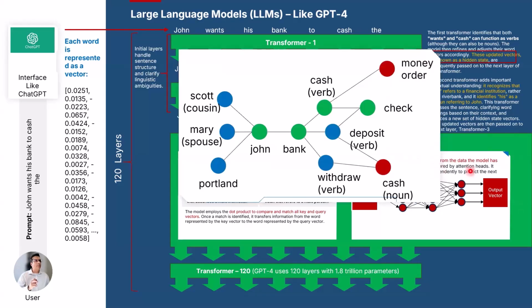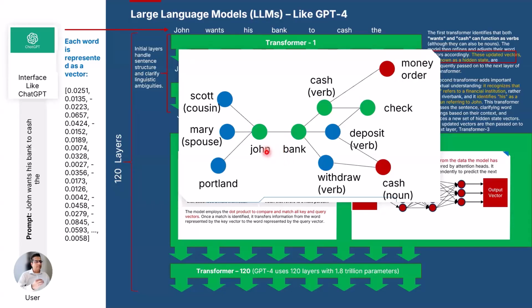At this point, it again looked at the map of the words. It zoned in on the word John that we already talked about, who maybe lives in Portland and has a cousin called Scott. In its related map of words, it figured out that John most probably banks at Bank of America or Wells Fargo. I don't know.